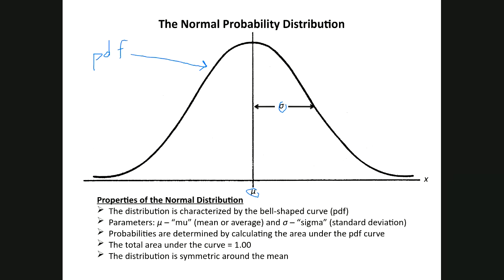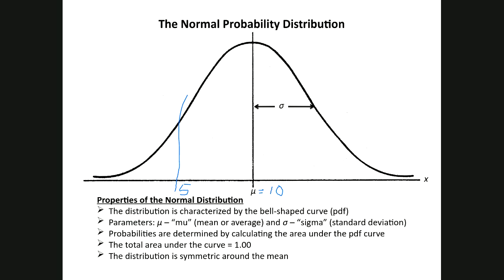Now, the way that we calculate the probabilities is by determining the area underneath the curve. So let's say, for example, the mean is 10, and we wanted to know the probability that this random variable turns out to be less than or equal to 5.